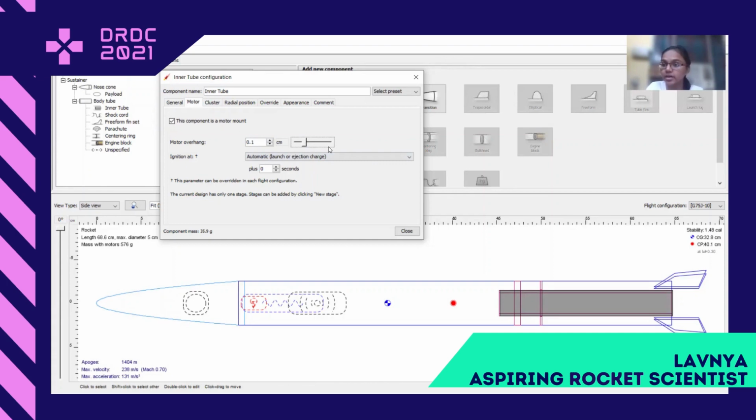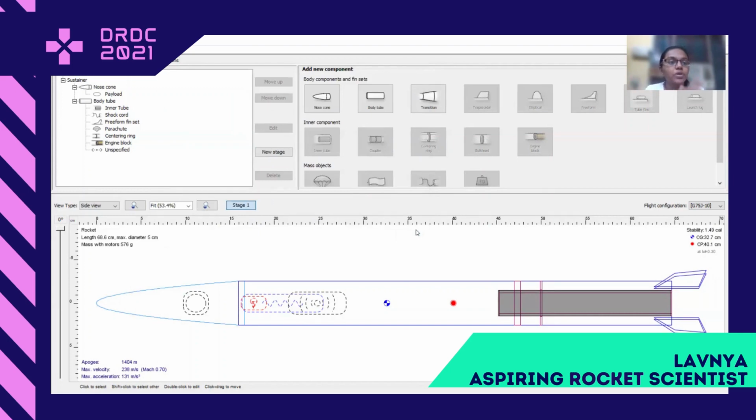As you can see here, my motor is overhanging, and I just want to avoid that now. So I'll go for the one which suits it. We have given that it's a motor mount. We'll get into the motor details soon, and before that, I'll finish all the other details here.